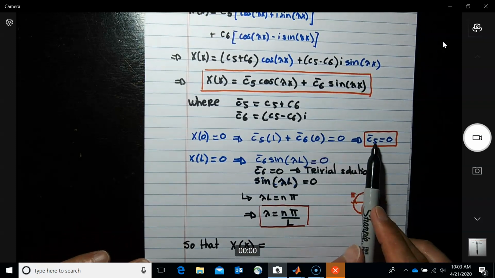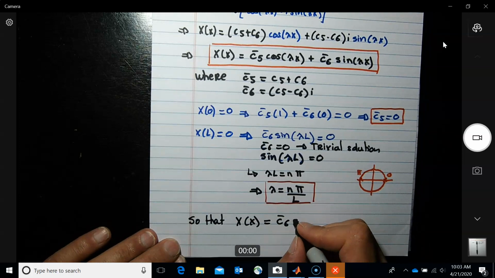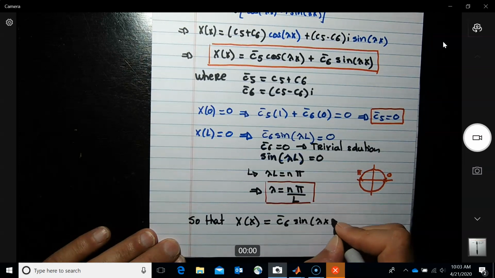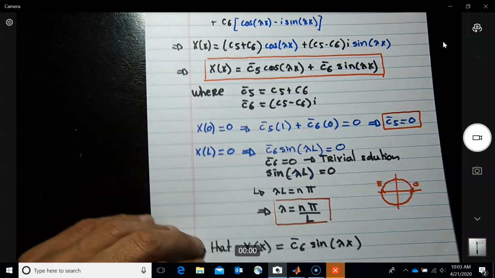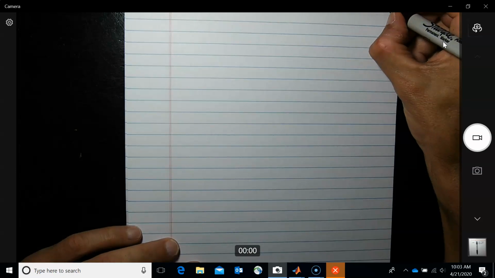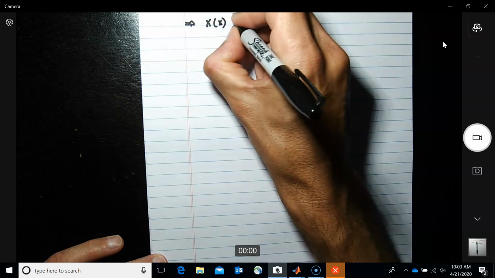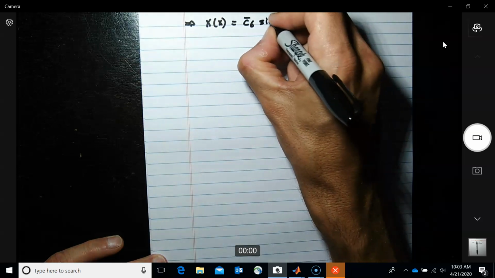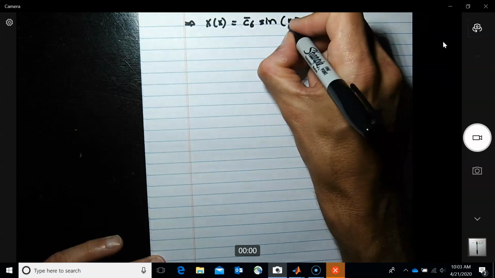We know that C5 is 0, so we'll have C6 sine of lambda x, but lambda is n pi over L, so X of x will be equal to C6 sine of n pi x over L.